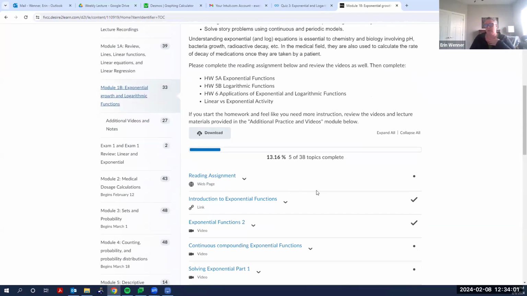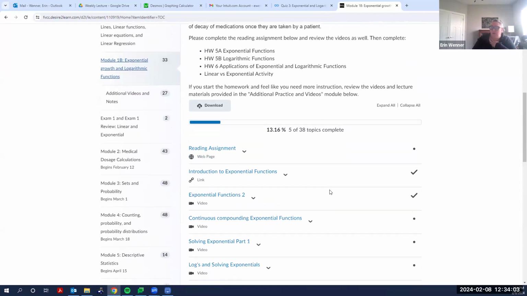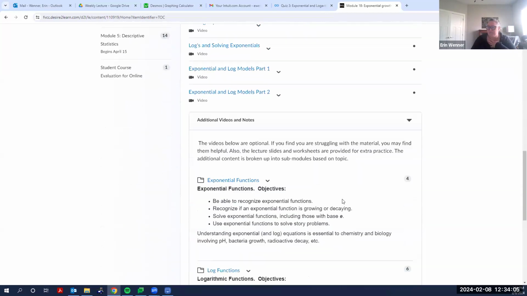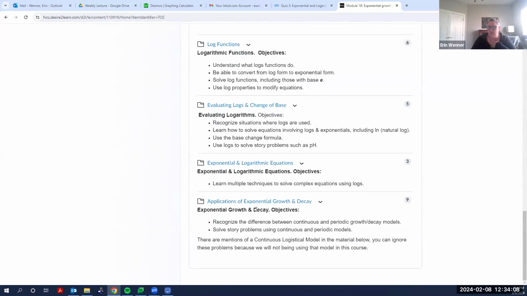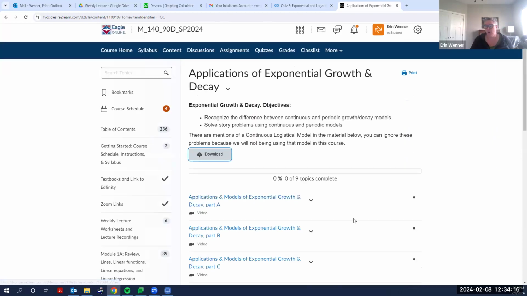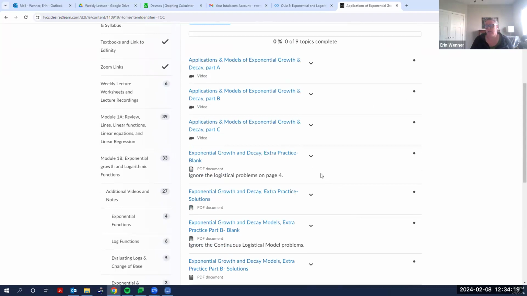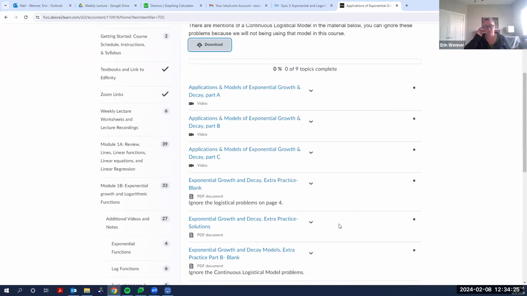Homework 6 I'm going over today, which is the applications of exponential and logarithmic functions. I really suggest that you go into this applications of exponential and growth extra file and work on these extra practice documents that I have in here, because having more practice is always going to be helpful beyond what we just have in our homework assignment.